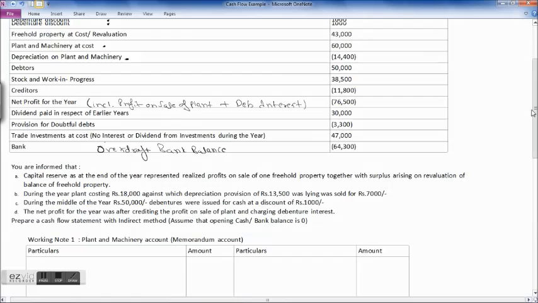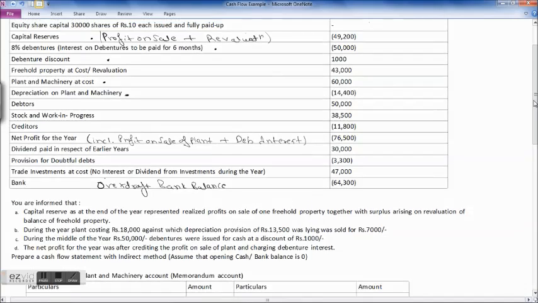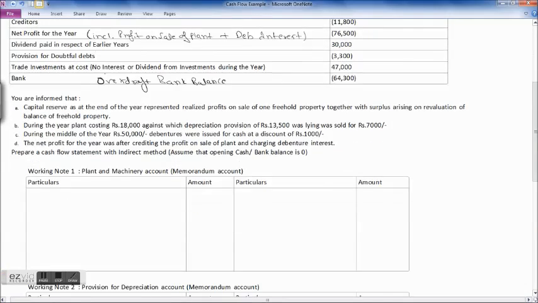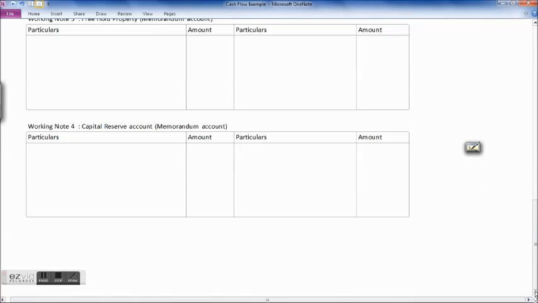Now let's see the capital reserve. Capital reserve account has a balance of 49,200, an increase in the credit balance of 49,200. Since we are preparing a memorandum account, what we are assuming is opening balance is 0. Since the capital reserve is having a credit balance, by balance brought down we'll put it as 0 for our calculation.